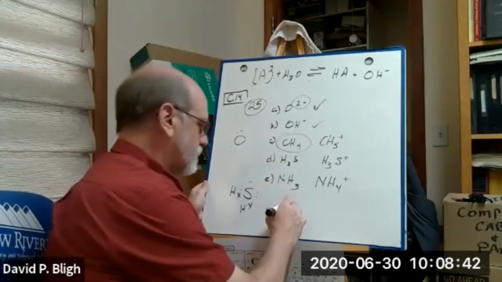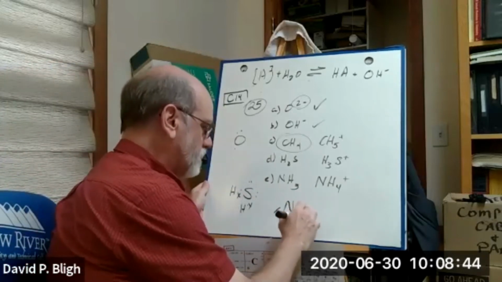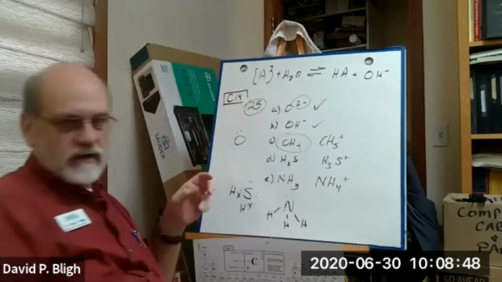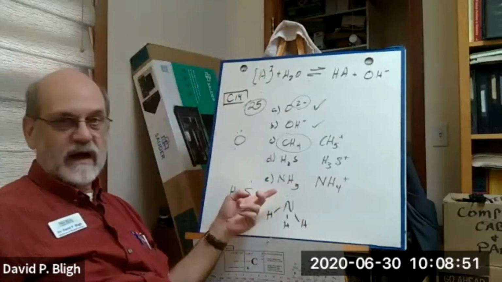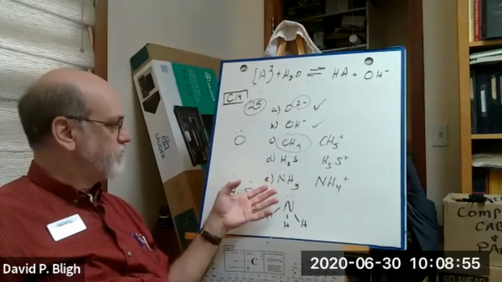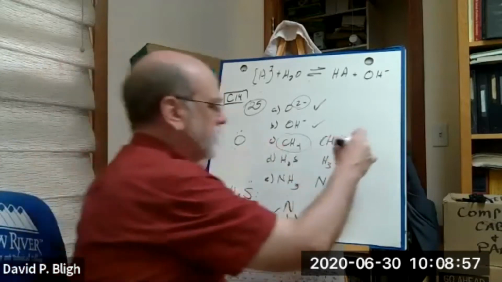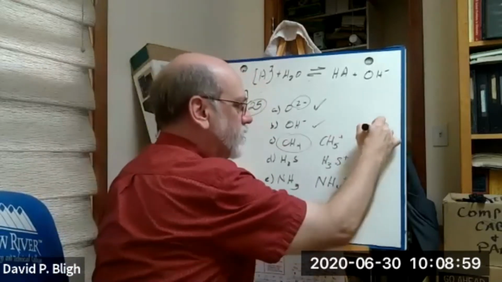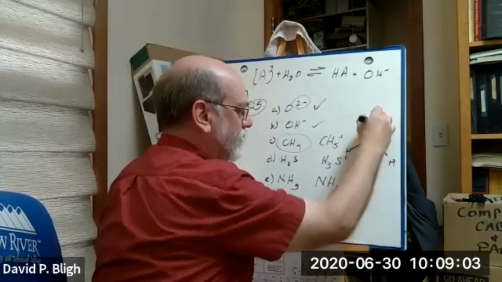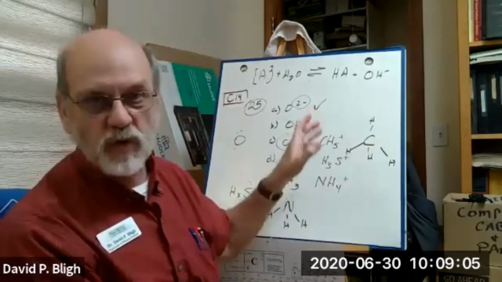How about ammonia? Ammonia is like this. It has one lone pair, right? So it's a Lewis base. But methane has no lone pairs.